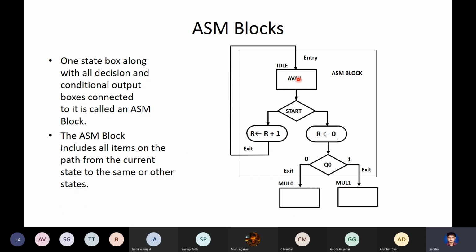So this block represents one single state, and once you come out of the block, you move to another state, which may be another ASM block. So one state, along with the condition checks needed for transition from that state, along with the output actions or register transfers that are done while transiting from that state or while inside that state, constitutes an ASM block.